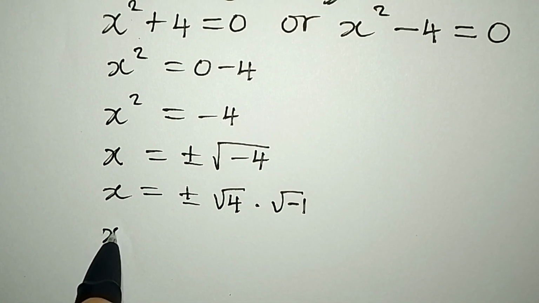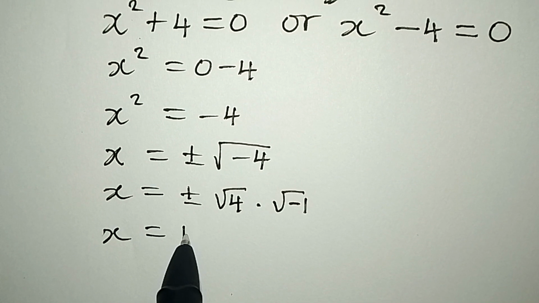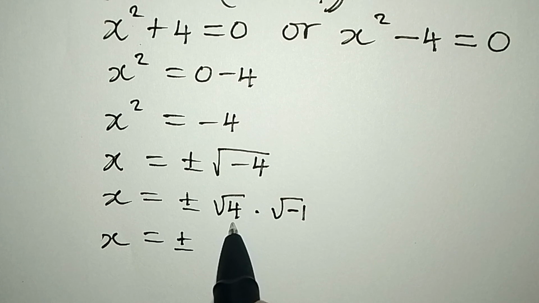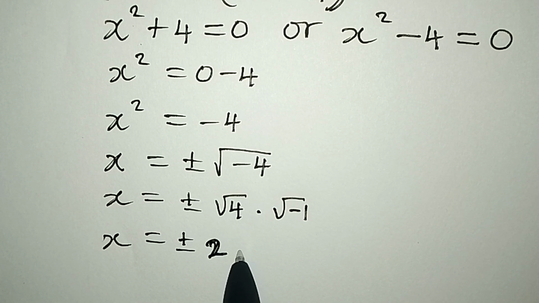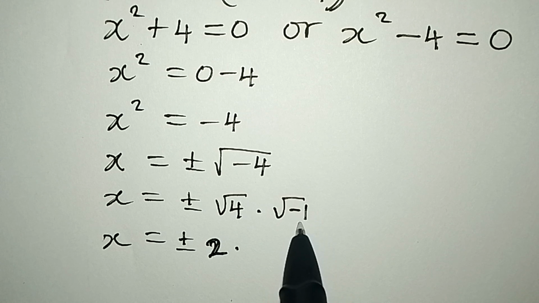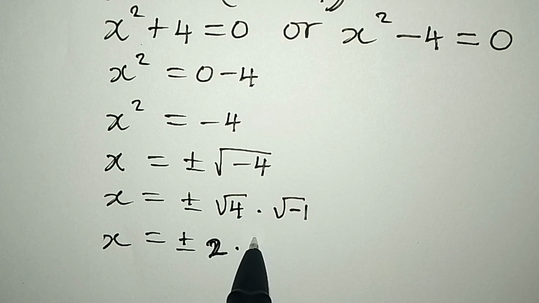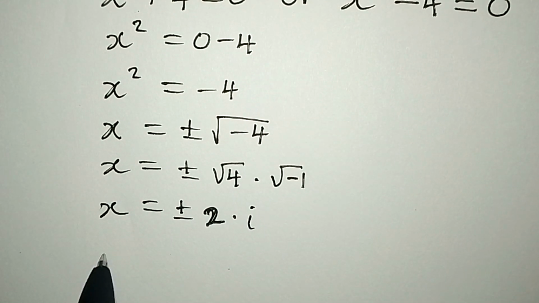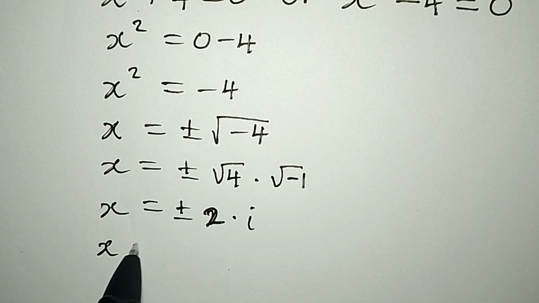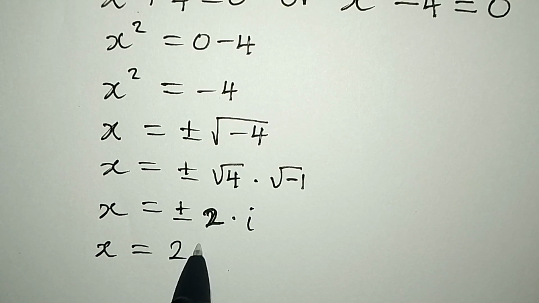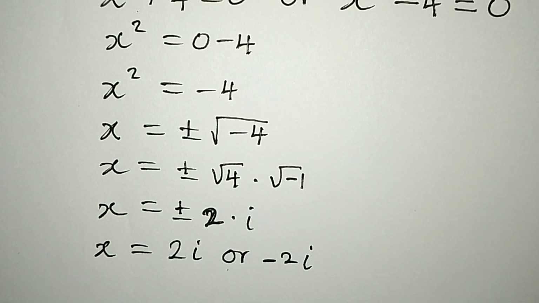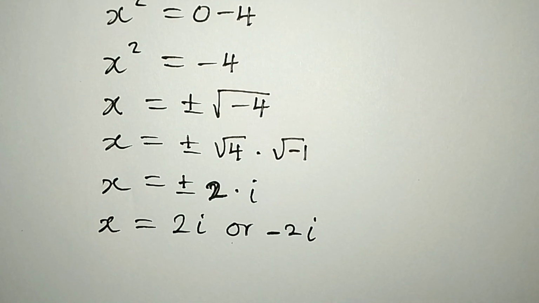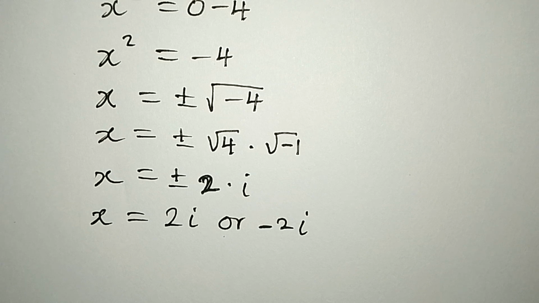To continue, x will be equal to plus or minus 2, since the square root of 4 is 2, then multiplied by square root of -1, which is imaginary, so we write i. So x is equal to 2i or -2i. From here we have the first two values of x.